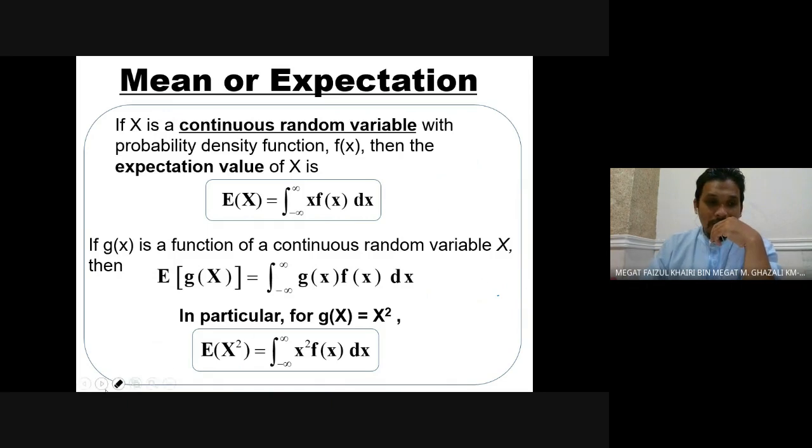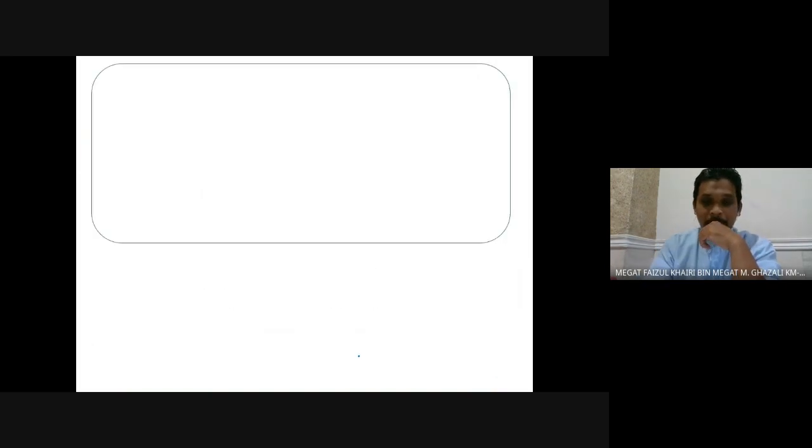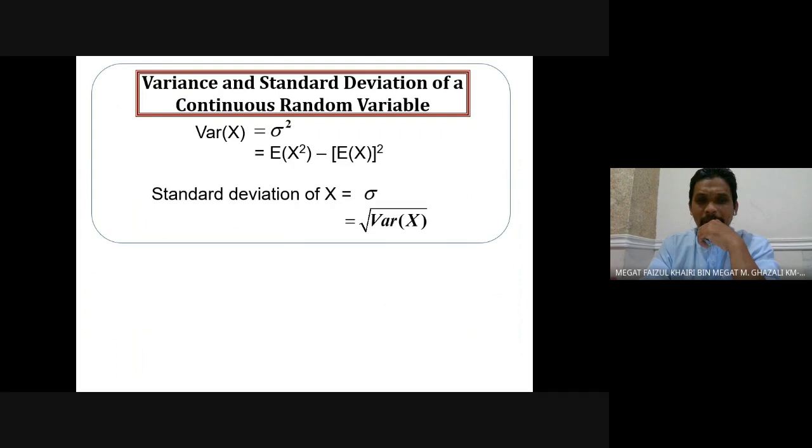Only thing here now is we are dealing with integral of x multiplied with f(x) dx. And E of x squared equal to integral of x squared multiplied with f(x) dx. So now, and variance, yet still the same, E of x squared minus E of x in bracket square, and standard deviation is square root of variance.